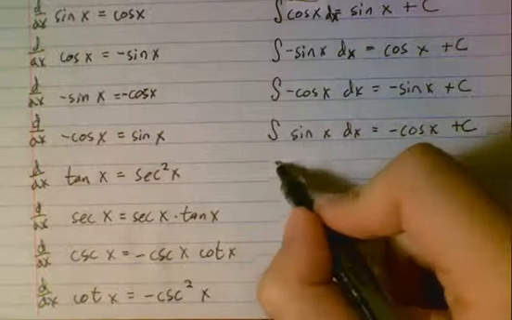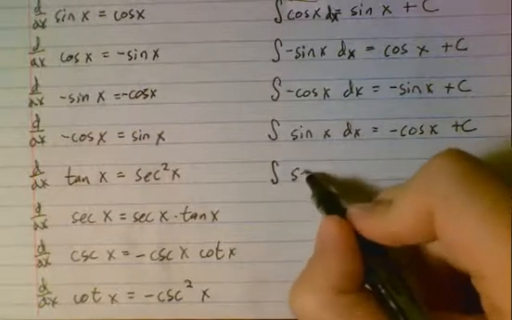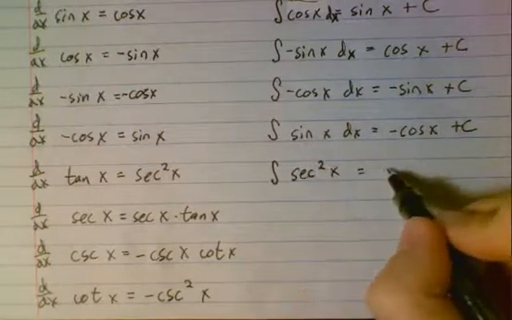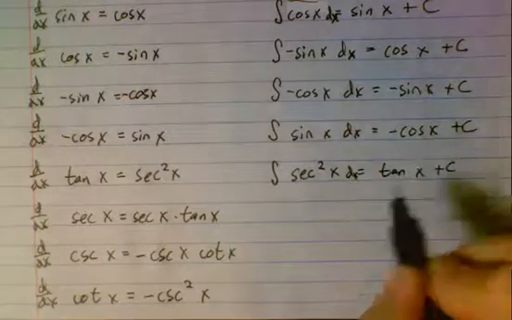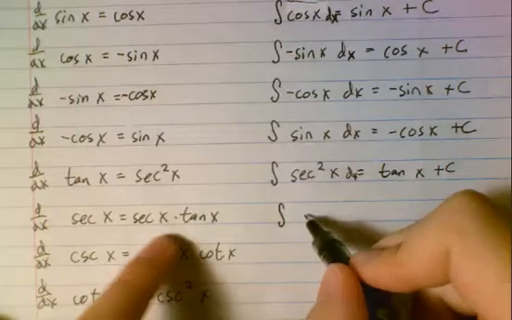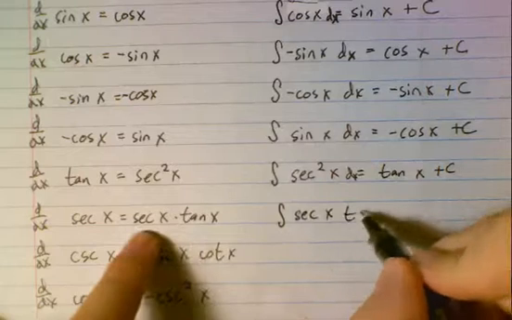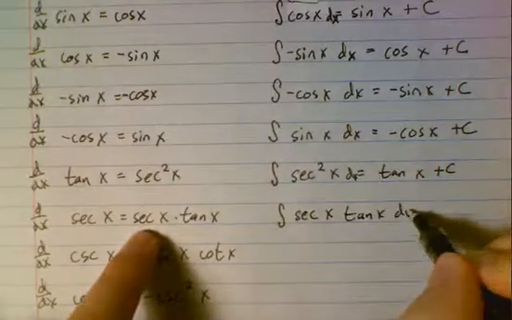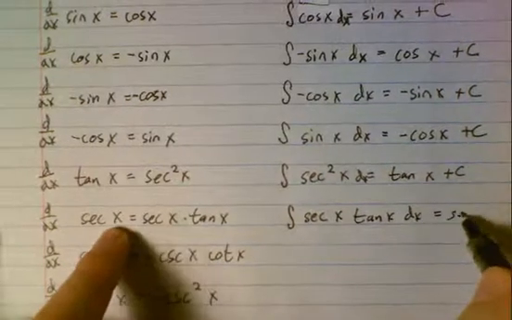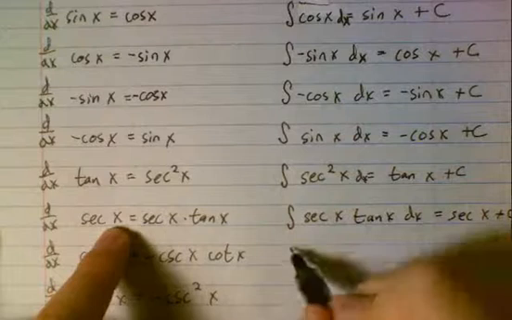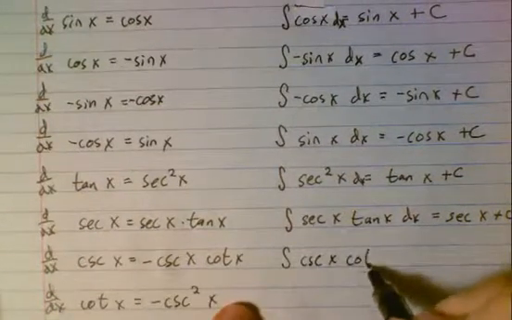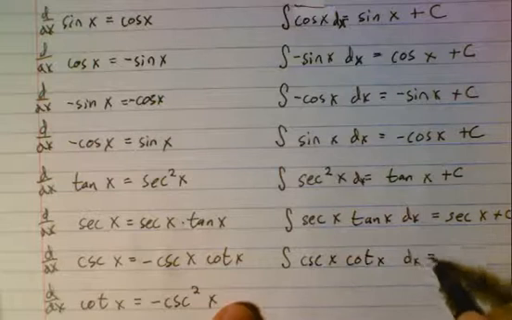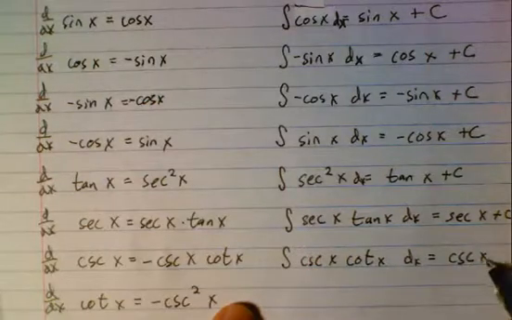Going the other way, the antiderivative of secant squared x is tangent of x plus c. The antiderivative of secant x tangent x is secant x plus c. The antiderivative of cosecant x cotangent x dx is negative cosecant x plus c.